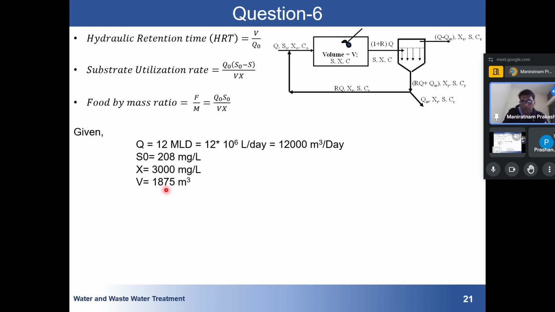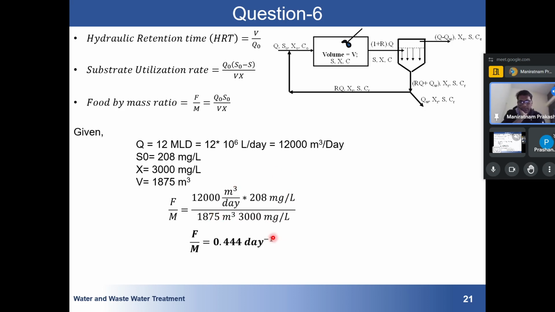And the volume is already given. So you will put in all the values: 12,000 meter cube per day, 208 milligram per liter, divided by 1876 meter cube into 3000 milligram per liter. Milligram gets cancelled out, meter cube gets cancelled out, and after calculation you will get your answer. F by M is equal to 0.444 day inverse.